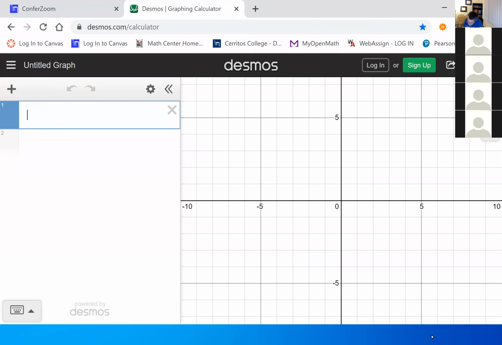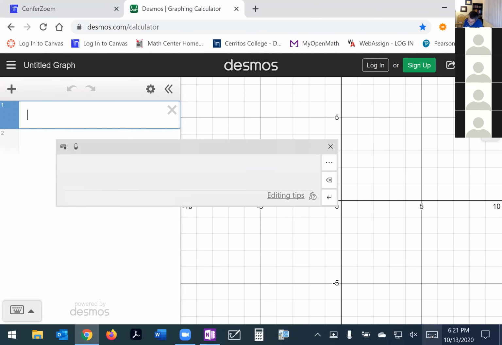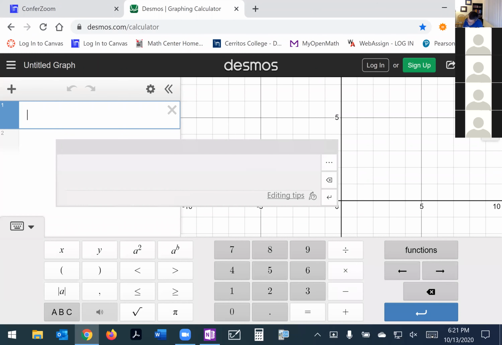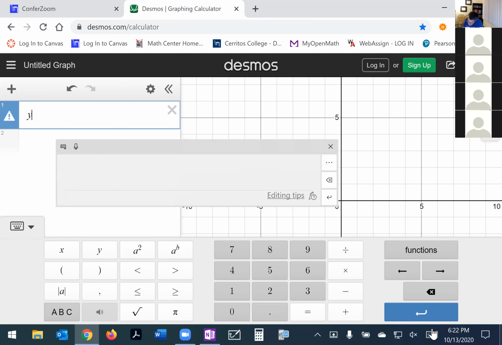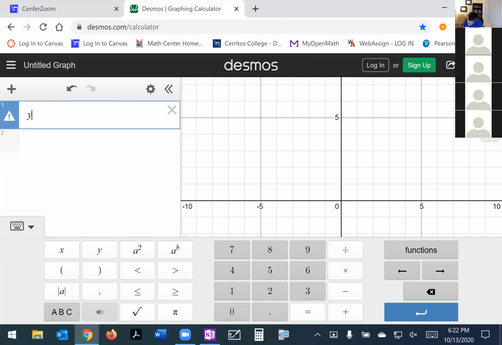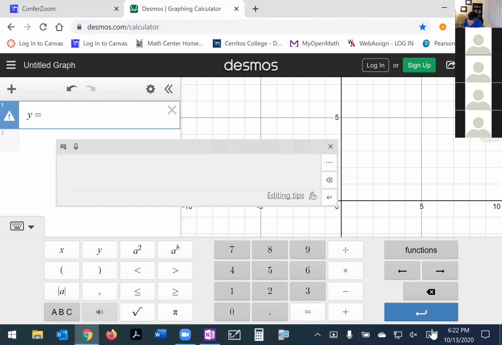I'm going to say f of x, or y, is equal to, let's see, what do we want? 3x minus 4 over, oops.